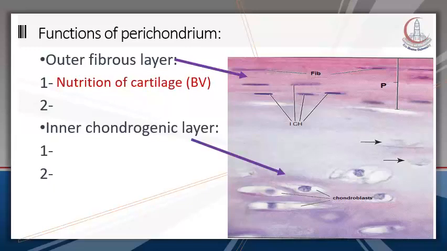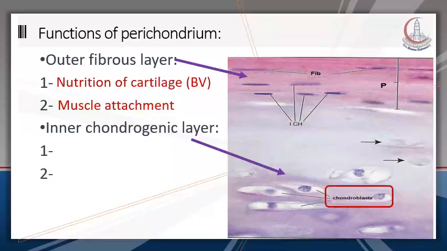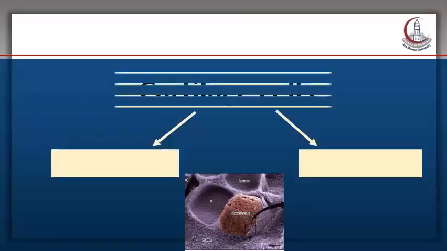So to take nutrition, it depends on the blood vessels that are present in the outer fibrous layer of the perichondrium. This layer also gives muscle attachment. Regarding the function of the chondrogenic layer, we said that the inner chondrogenic layer is formed of chondroblasts, so the function of this layer depends on the function of chondroblasts.